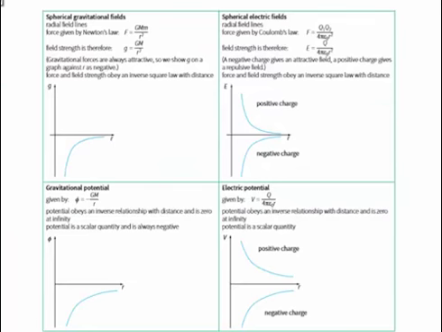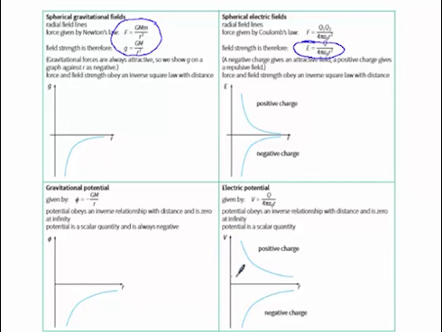Also for the spherical gravitational field, G is inversely proportional to R square, so this will give us the graph with R. Here also F and E are inversely proportional to R square, but we have both charges here. And for the potential, as we have seen now, the potential V is inversely proportional to R. So this is the relationship between potential and R.